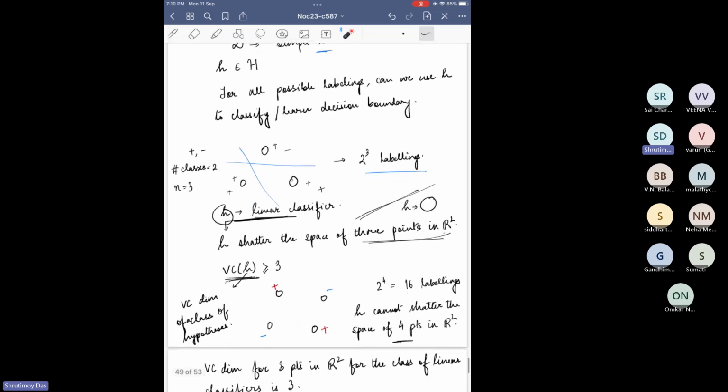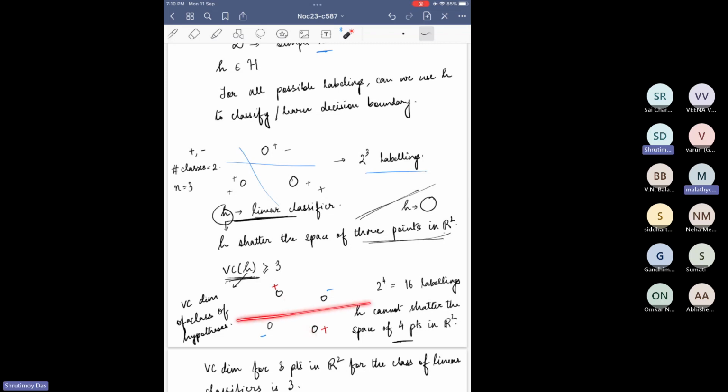So now let us look at 4 points. We have the same linear classifier. And now since there are 4 points, we'll have 16 such labelings, plus plus minus minus, and so on. Let us look at this example. These two are positives and these two are negatives.